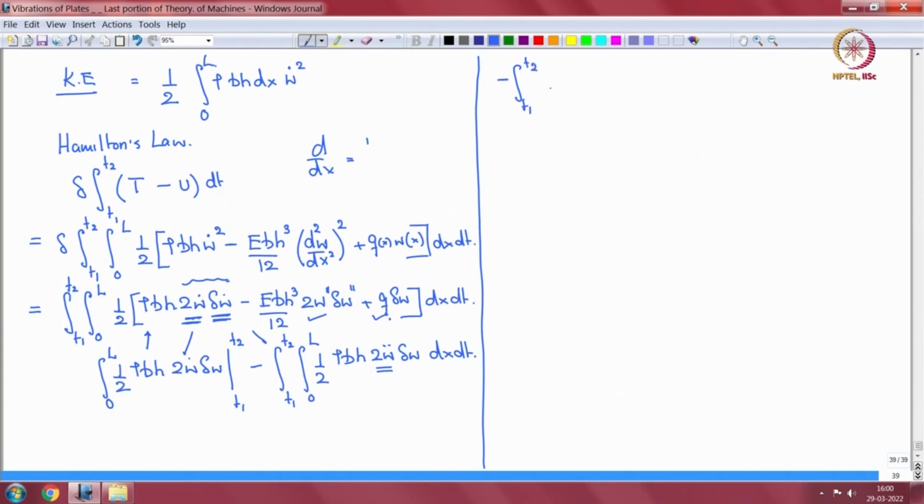This we integrate with respect to L, so I get E B H cube by 12, then W double dash delta W dash from 0 to L, and because this has a minus, the other term has a plus, integral T1 to T2, integral 0 to L, E B H cube by 12 W triple dash delta W dash, dx dt.